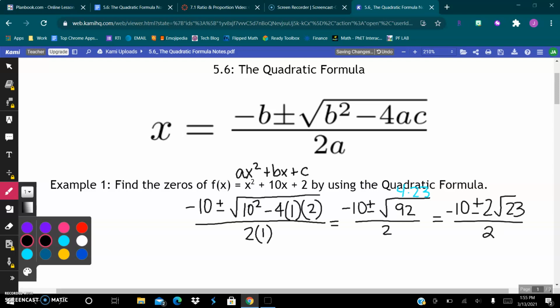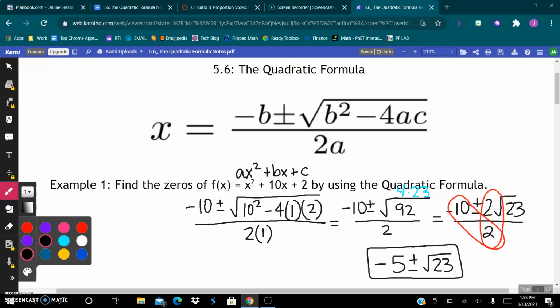Now, for this division by 2, I can divide that negative 10 out front by the 2, and I can also divide the number in front of the radical sign by 2. So negative 10 divided by 2 gives us negative 5, and then we have our plus or minus, and 2 divided by 2 is 1, so we don't need to write that, and then we have the square root of 23 left.